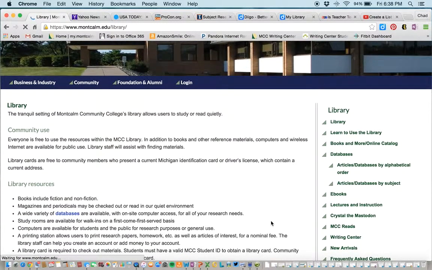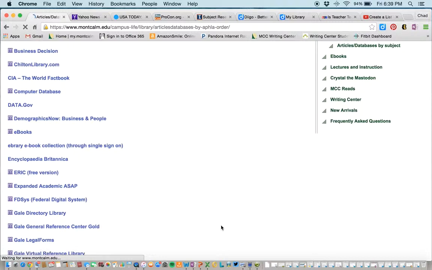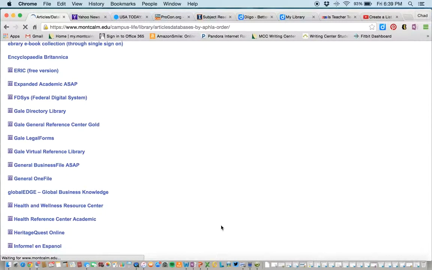But when you go to the MCC library, over here in the menu on the right are the databases. It's also linked here under the resources. We can look at databases by alphabetical order or by subject. We'll talk more about this in class as we begin the actual research process. But sometimes looking through some of these databases can be a good way to come up with topic ideas.